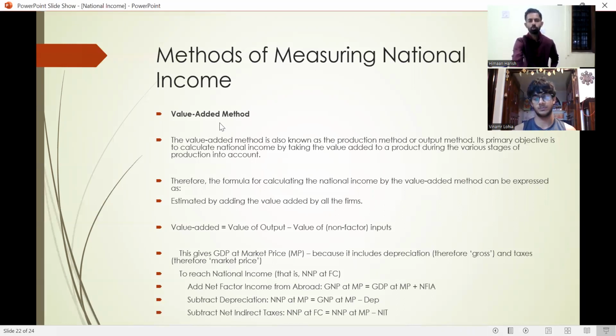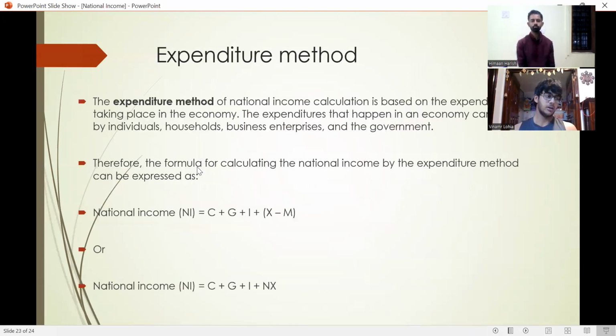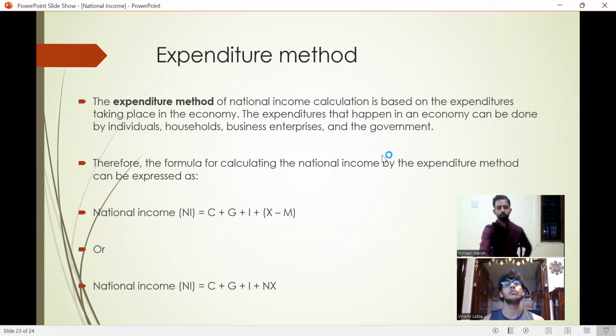So there are two more methods called the income method and the expenditure method. The expenditure method is based on the expenditure taking place in the economy. Expenditures can be by individuals, households, business enterprises, and the government.